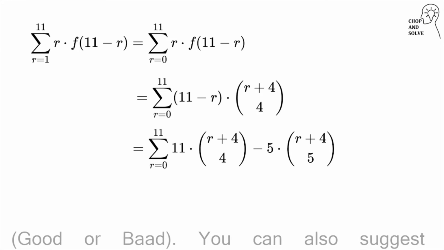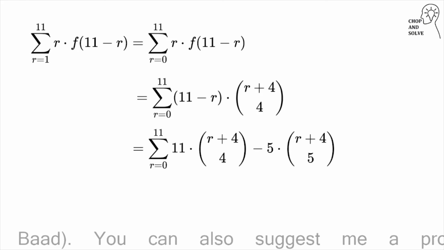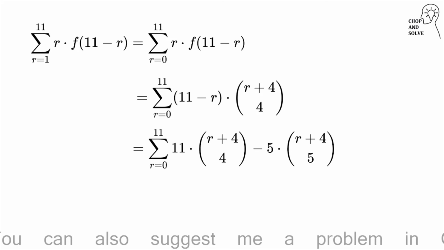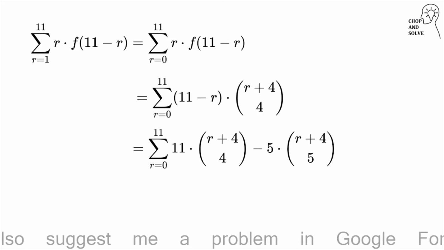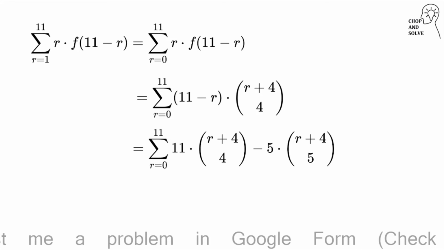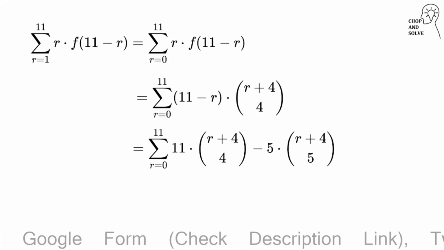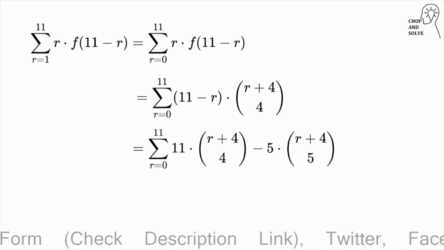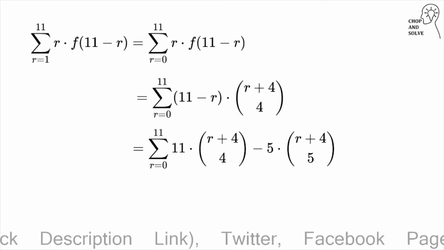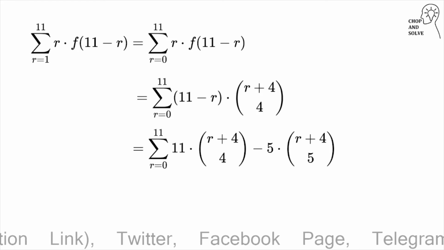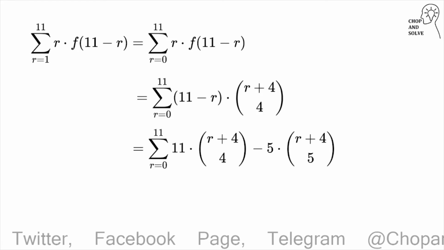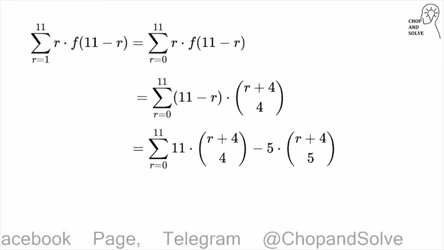We can write it this way, and obviously with that formula we can sum the result within a second, that is 11 into 16 choose 5 minus 5 into 16 choose 6.